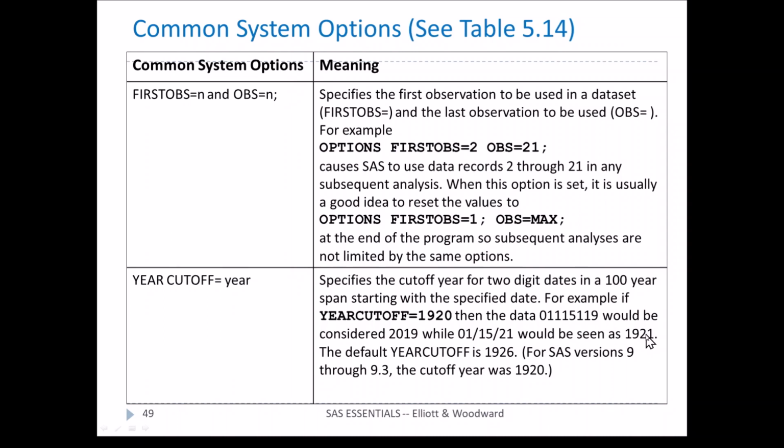So it splits the data, because oftentimes we have things that run more than 100 years. The default year cutoff is currently, as of this recording, 1926. However, it does change, so you may need to check on it. For instance, through SAS 9.3, it was set at 1920. So that changes as time goes on.